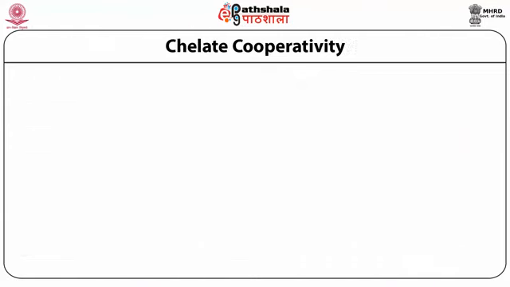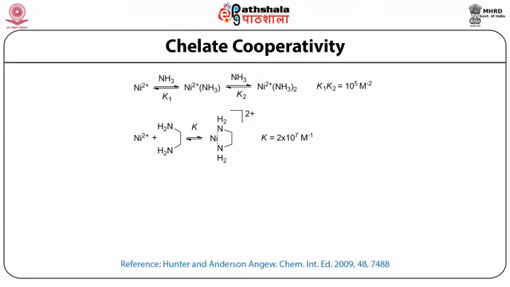So let's understand another type of cooperativity, which is called chelate cooperativity. This cooperativity is a little more complex than allosteric cooperativity. Here we see that nickel 2 plus gets bound to 1 ammonia molecule to begin with, with an association constant K1, and then it binds to the second ammonia molecule to give this product.